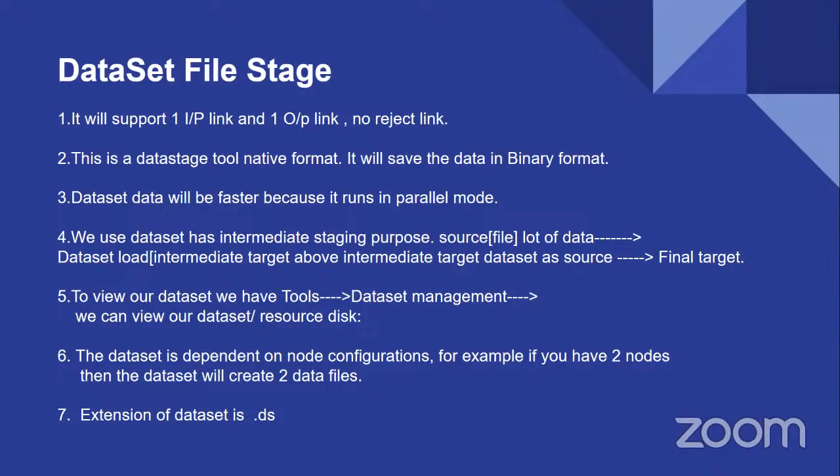Okay. And to view our datasets, we have a tool called dataset management, where we can view our data. By default, as many nodes as the job is running on, that many dataset partitions will be created. It is represented with .ds.